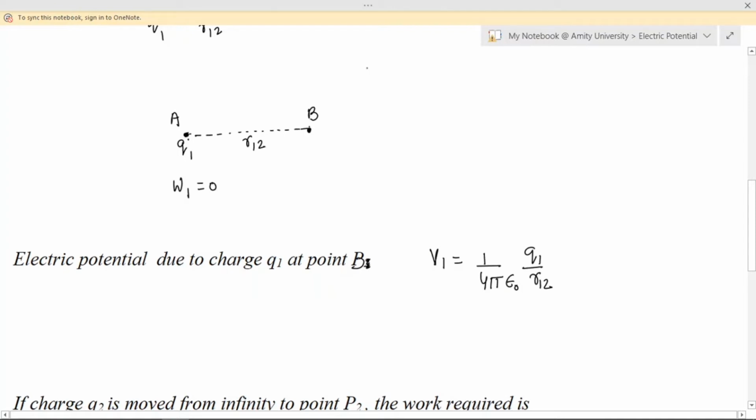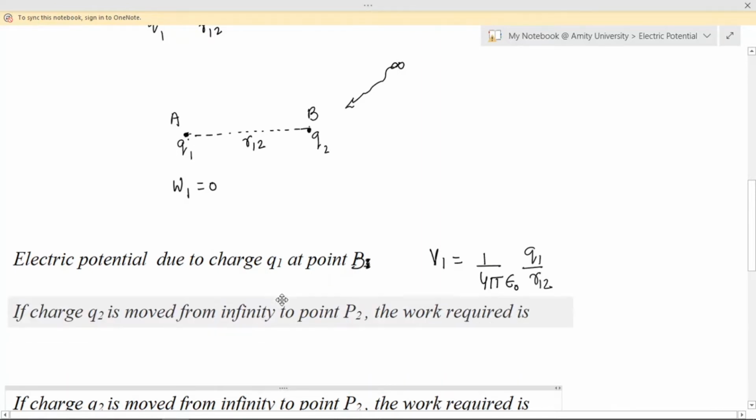Now, suppose charge Q2 is moved from infinity and reaches point B. How do we calculate its work done?